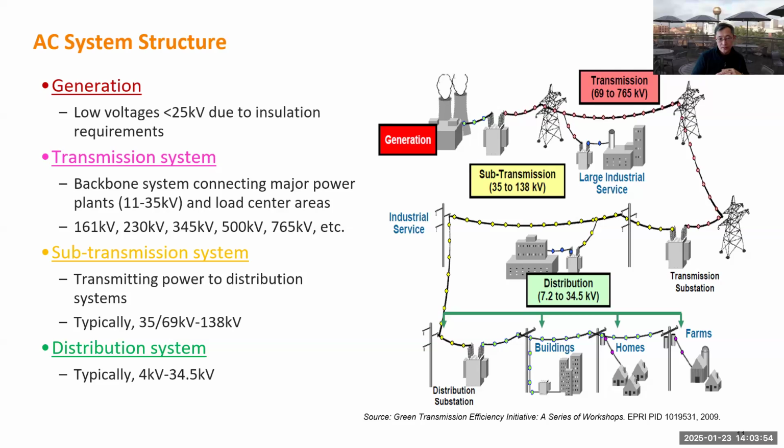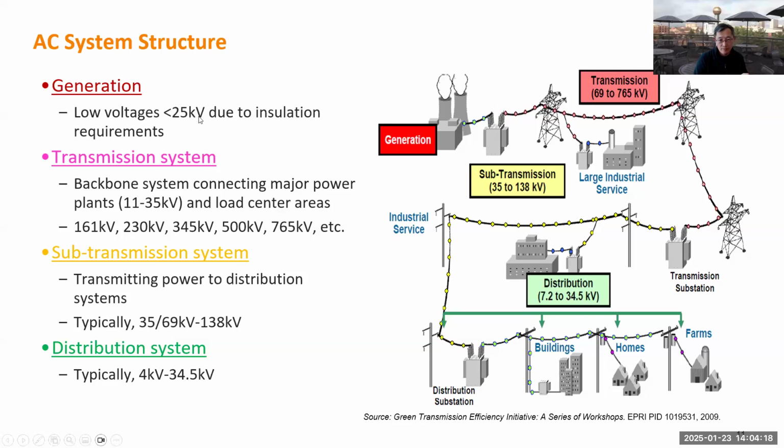And we can partition the system into 4 sections. We can include the generators in the power plant together with some transformers as the section of generation. Usually this part of the system is operated at a lower voltage. By lower voltage, I'm not talking about like 130 volts.